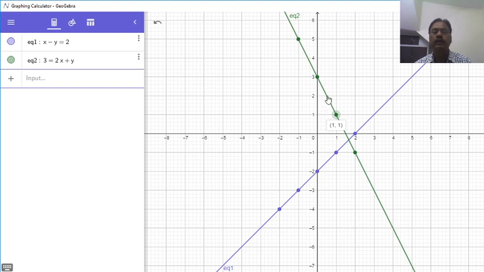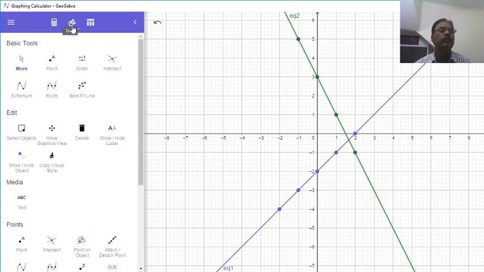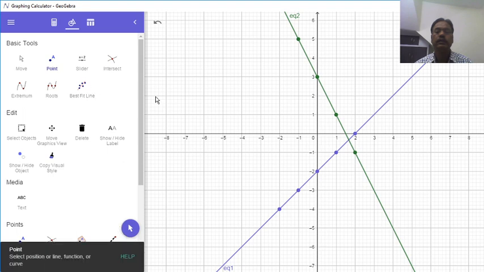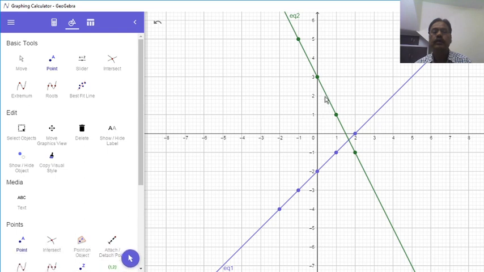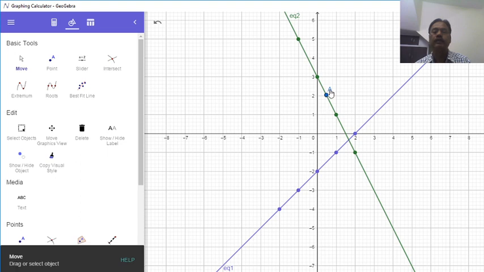Look here. If we put a point here, understand? Let us come to it. Point, yes, this one here, and find out the coordinate of this point.